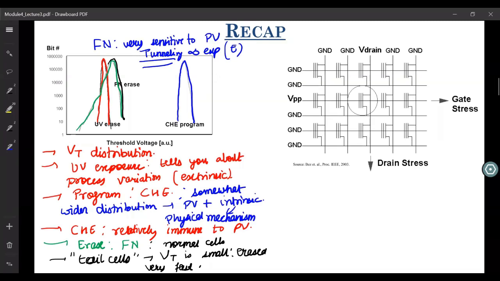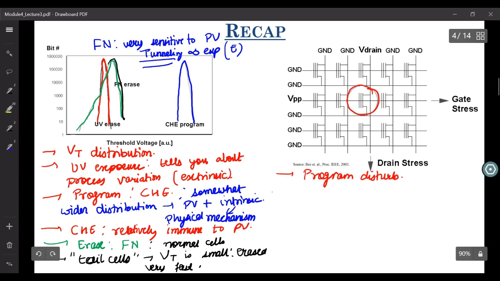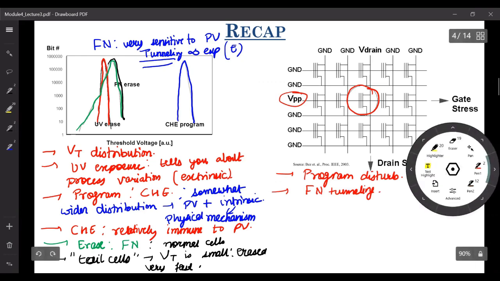We also looked at different program disturb sources. If we want to program, let's say, this cell in the middle of this array using FN tunneling, then we apply a high voltage at the gate, right? We apply a high voltage at the gate so as to move electrons from the channel into the floating gate. Once you do that, even these unselected cells along this row see the same gate stress.